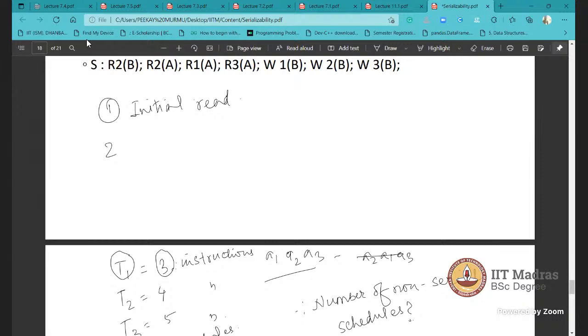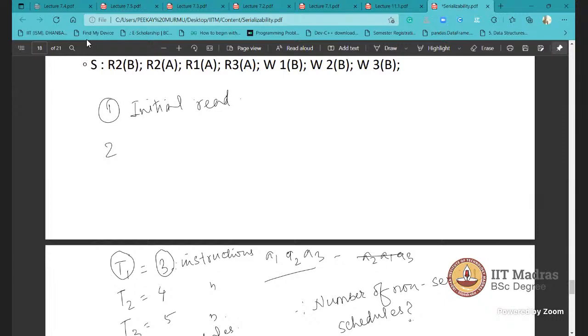Tell me, what is a conflict instruction? How do we check whether the schedule is conflict serializable or not? Sir, for checking conflicts we have conditions that tell us whether the instructions in the transactions are conflicting or not.